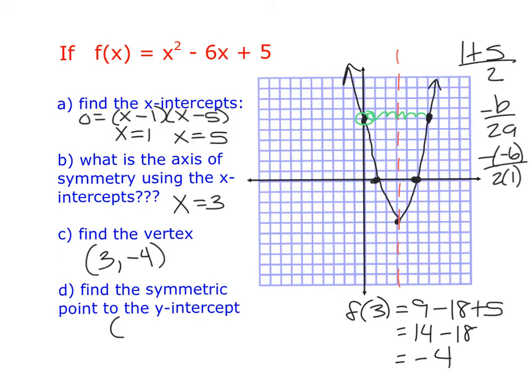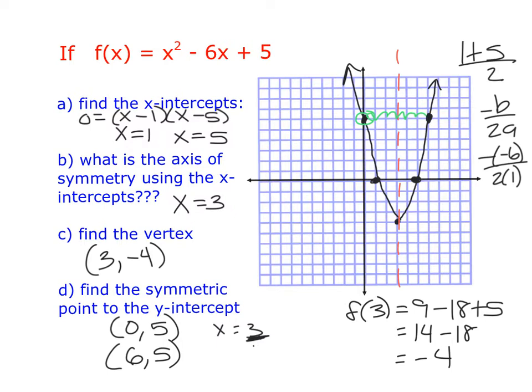So we have the point 0, 5, and then we reflect the point 0, 5 over x equals 3. So it's 3 and then 3 again. So that's 6, 5. Basically, all you have to do is take the vertex, which is 3, the x value, and double it. If you double 3, you get 6, and that's your new x value.